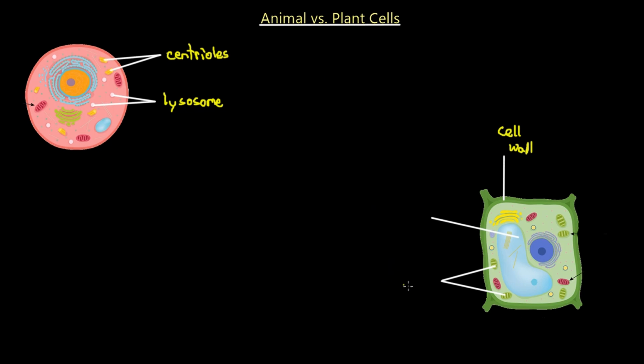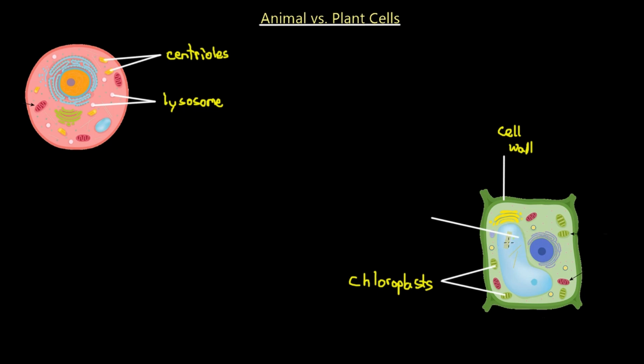The next structure that I've mentioned before that only exists in plants but not animals would be the chloroplasts. They produce energy from light, so they use sunlight in order to produce ATP for the cell, whereas animal cells use structures called mitochondria to produce ATP for their own cell.